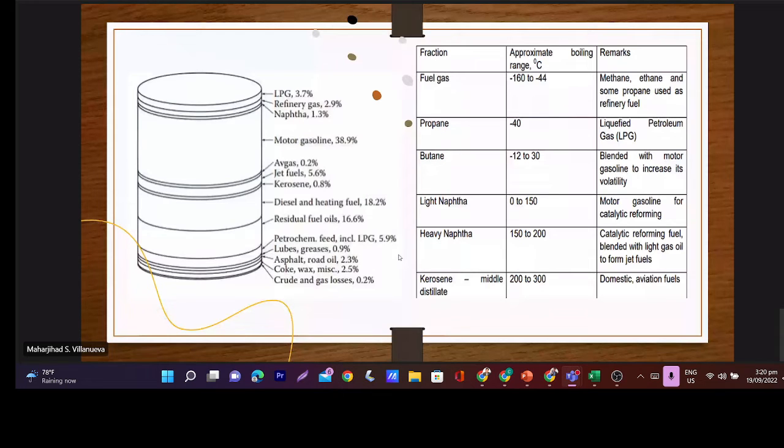Mga natira, kung gaano po sila karami po na produce po from sa crude oil po.